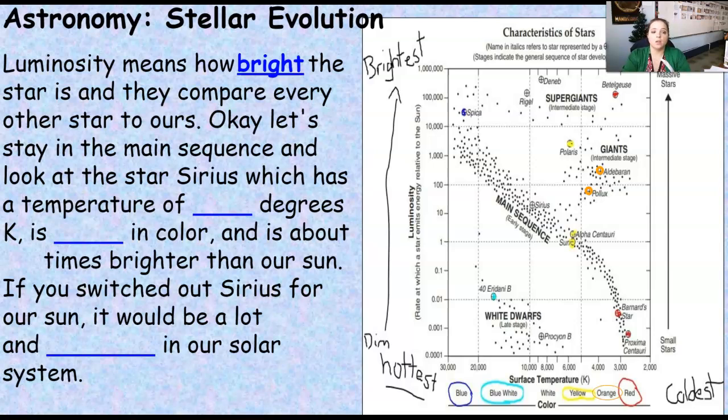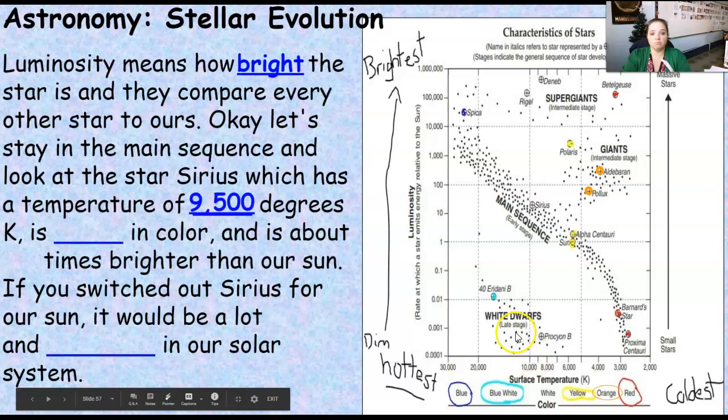Let's stay in the main sequence right here and look at another star called Sirius. So Sirius is right here, which has a temperature of about just before 10,000, so like 9,500 degrees Kelvin. And what color is it? Well, I didn't color it because it is white.